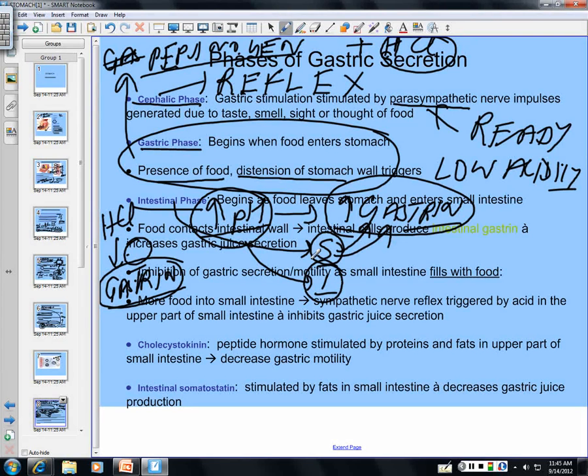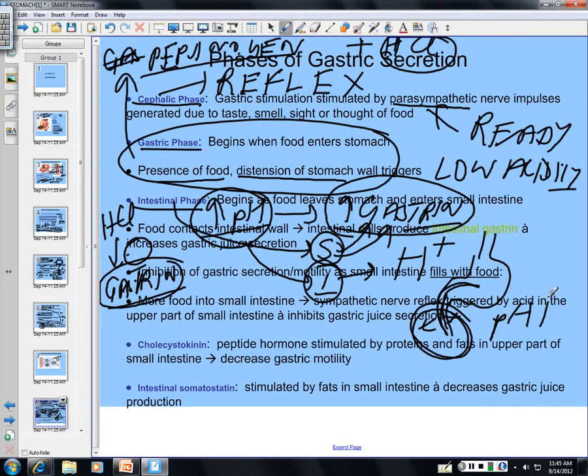Okay. But then as more and more food enters the intestine, the inhibitory phase starts. The inhibitory phase starts as soon as the small intestine starts filling with irritating substances, especially large amounts of hydrogen ions from the stomach. So here's the stomach, here's the intestine. Food is now entering, and it is stretching the duodenum walls. If the hydrogen ions enter and remain there, they are not going to allow the enzymes of the duodenum and small intestine to work, because the duodenum as well as the small intestine require higher pH.